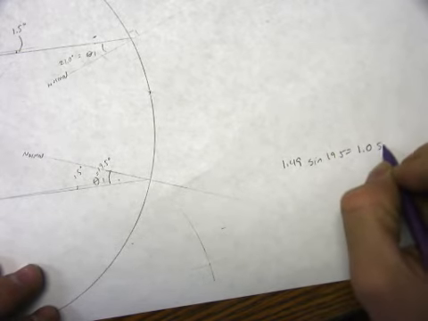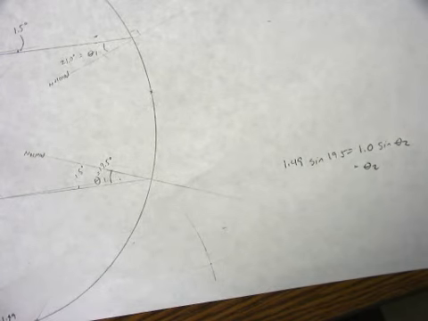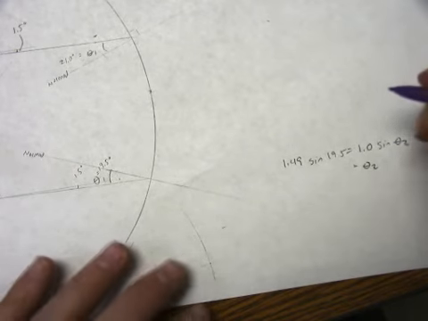It goes into air. 1.49 sine 19.5 gives 29.8.